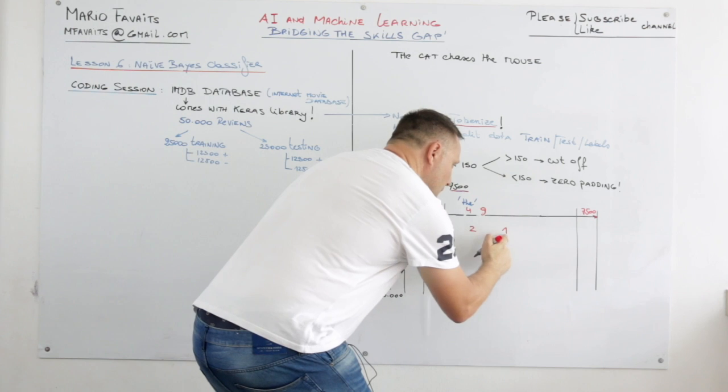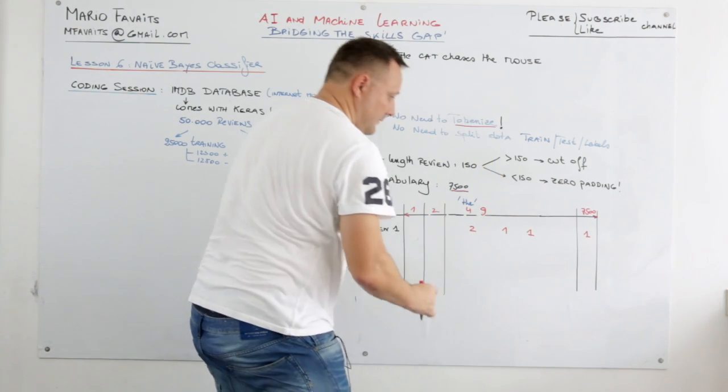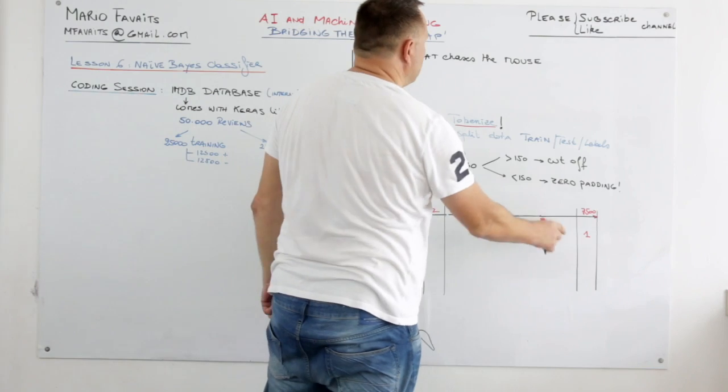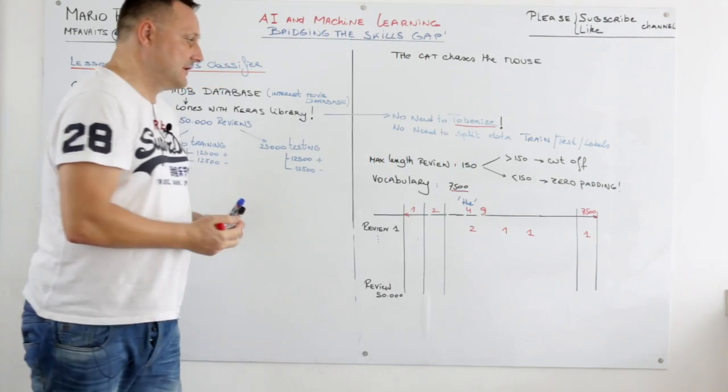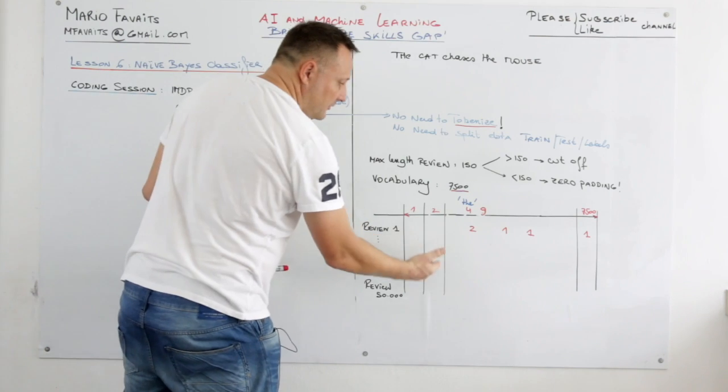So 2, 1, 1, 1. 2 and 3 is 5, 3 and 2 is 5, because the appears twice. And this you do for all these reviews.